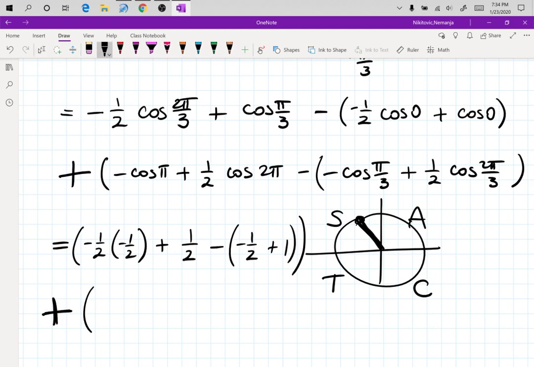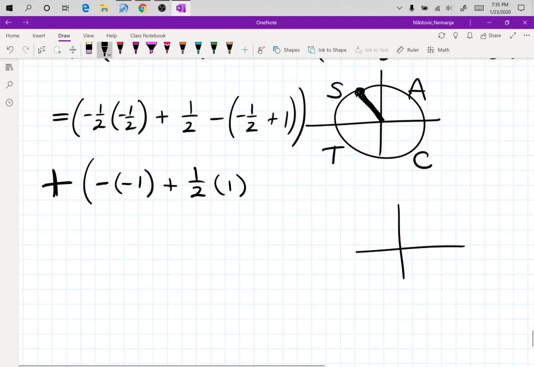Cosine of pi is negative 1, and you have a negative in front of cosine, so stick that negative in there. Plus 1/2 of cosine of 2 pi is 1.